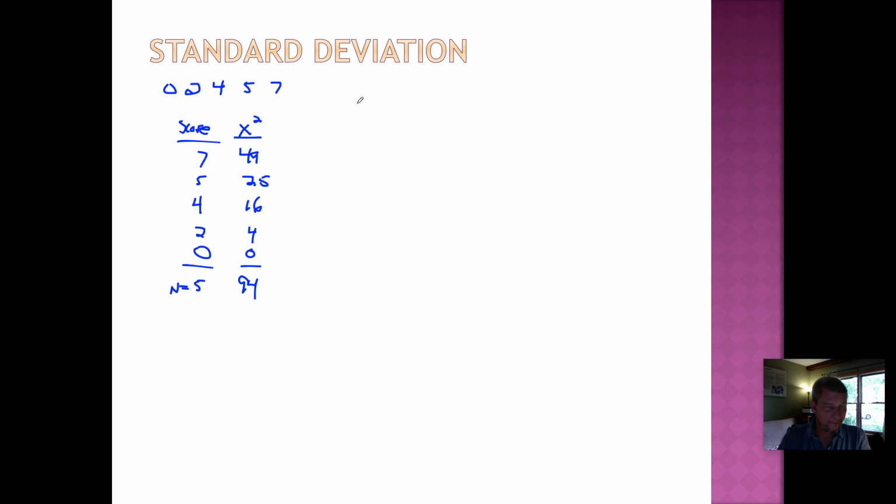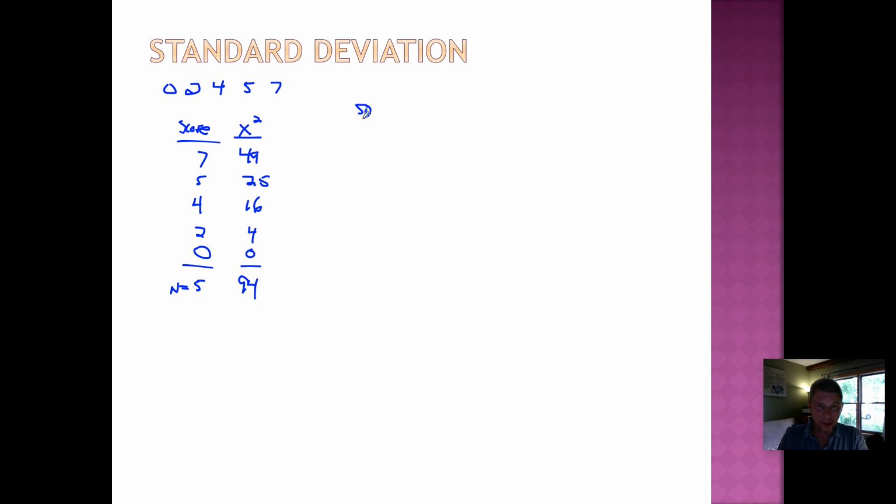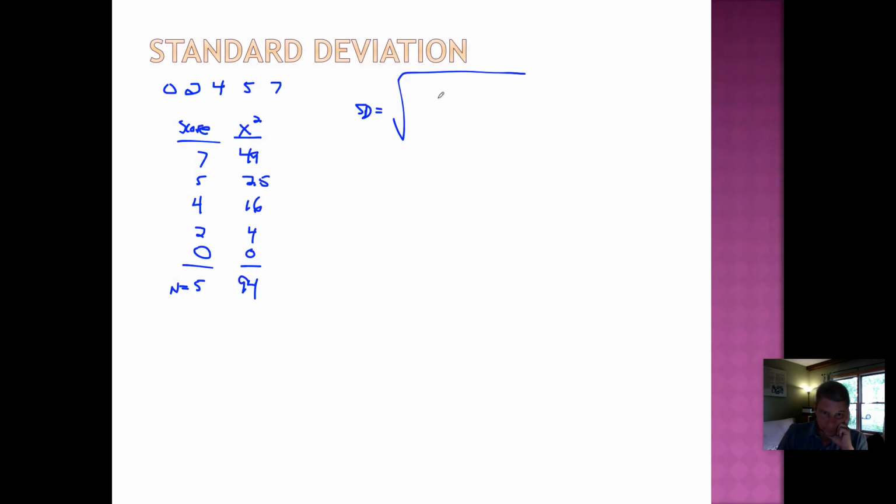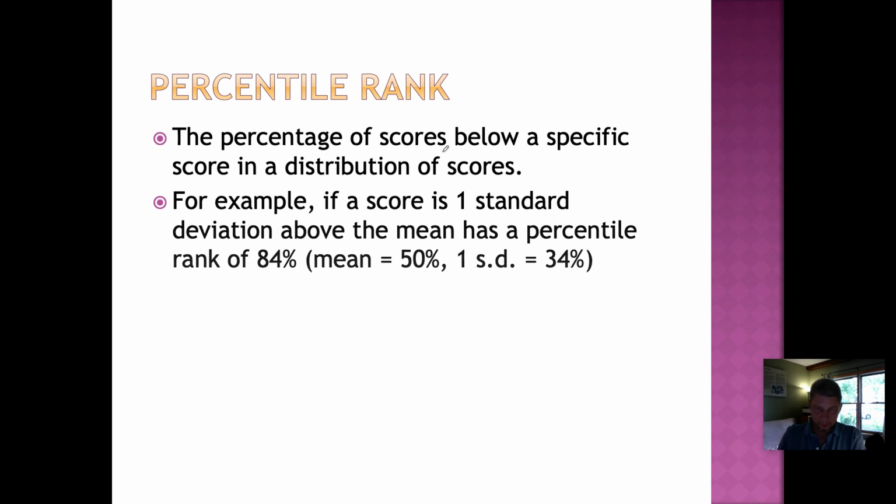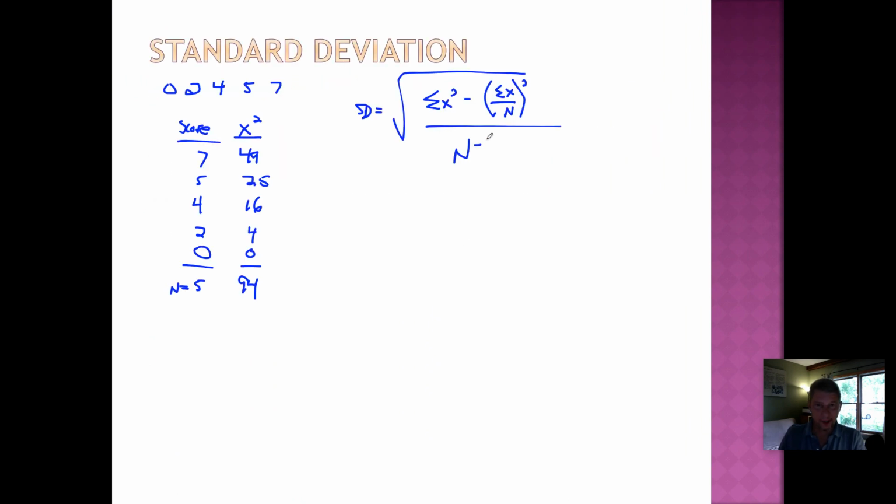Now, if I go back to my formula for standard deviation, remember it's the square root of the sum of x squared minus the sum of x, quantity squared, divided by n, all divided by n minus 1.